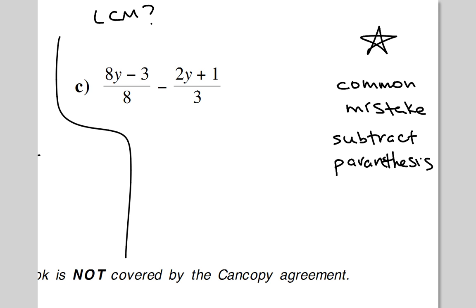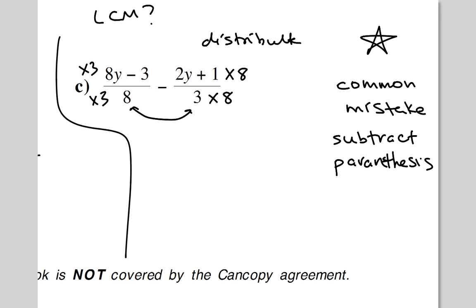Okay, so what do we times each by? And this is the one where, when I'm teaching, my kids get it right every time, because when in doubt, just times these two, because that will work. The only problem is you might have extra simplification after. In this case, you won't. Times 8, times 8. Times 3, times 3. Okay, don't forget to distribute.